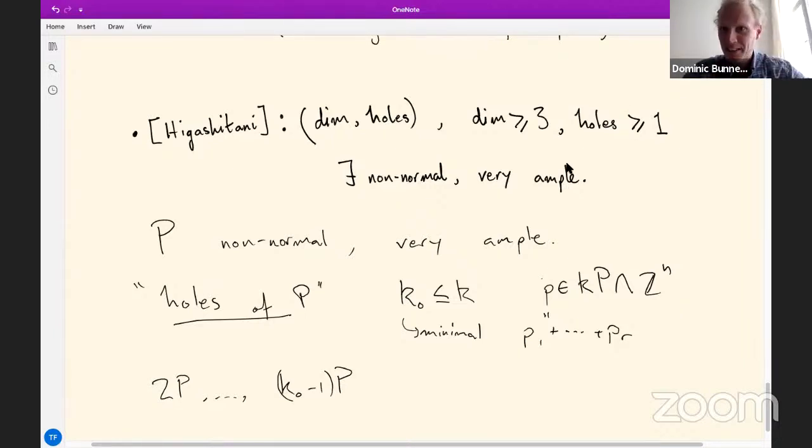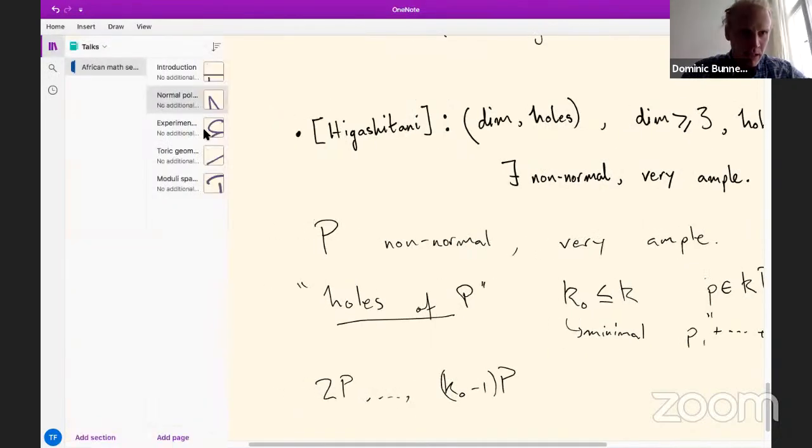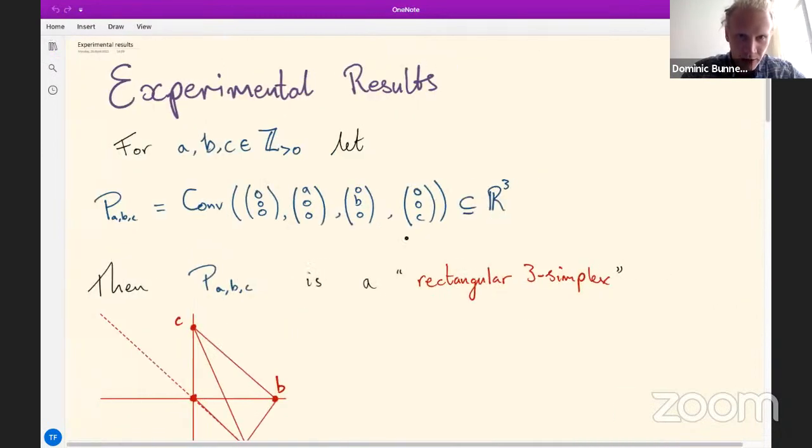Okay, great. Then we'll move on. So now I'll talk about what I've been thinking about. I came across some questions about these simplices and the embeddings which they correspond to during my PhD thesis a few years ago. And this very ampleness was a very important property for me.